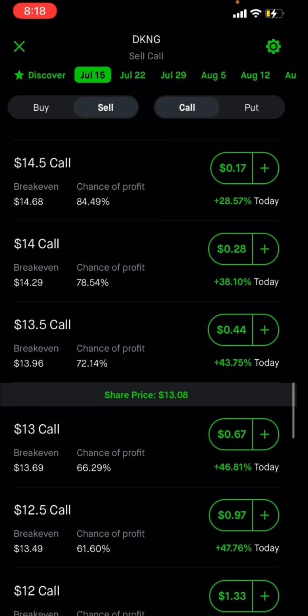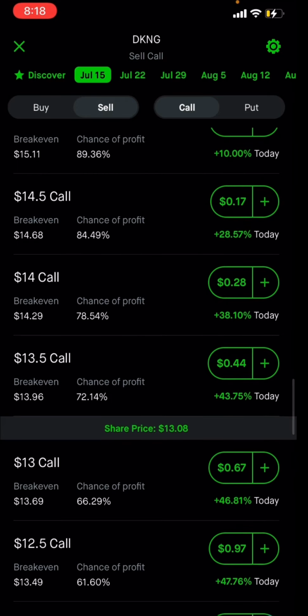Everything above this gray line is considered out the money. Out the money simply means that this overall share price of $13.08 has not passed these areas yet. It has not passed a strike price of $13.50, $14 or $14.50. Right? But we have to remember this is a July 15th date.